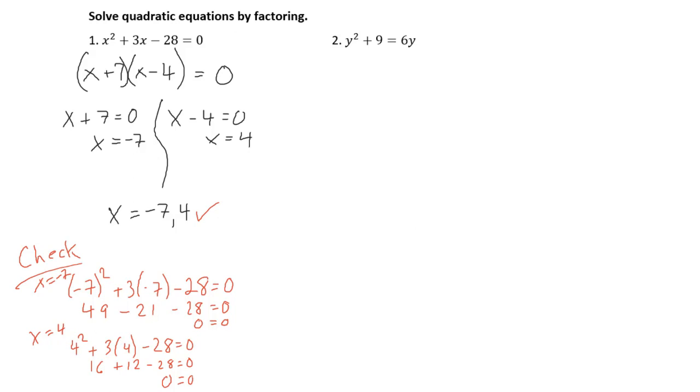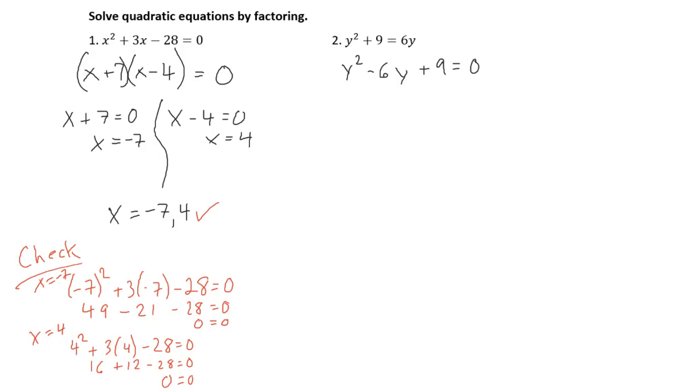All right, so here, in order to apply the zero principle rule, we need to zero out one side. So y squared, move that 6y over by subtracting it from both sides. And we get this.